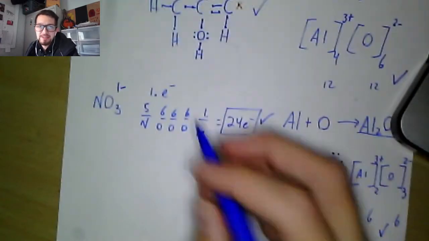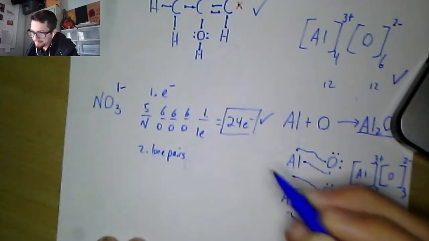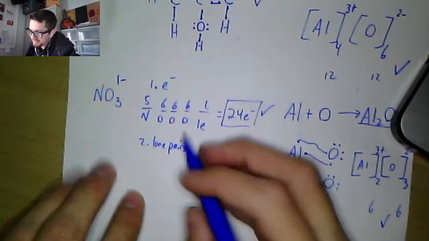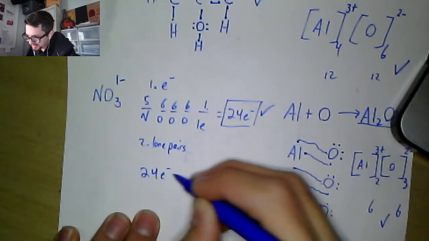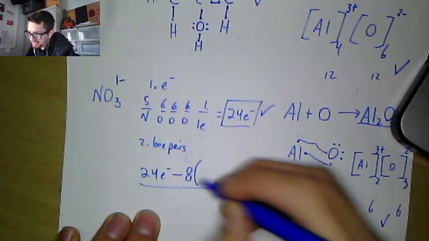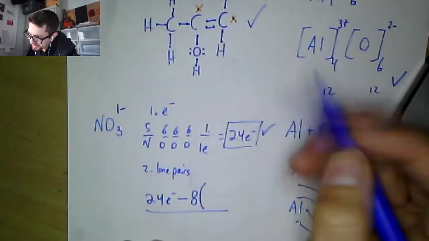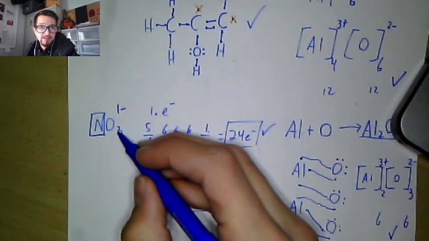Now I need to find how many lone pairs I have on my central atom. So I would have 24 electrons minus 8, which is just part of the equation. 8's always there. Times how many, so we're using nitrogen in the middle. So how many atoms are not in the middle? 3 different oxygens.